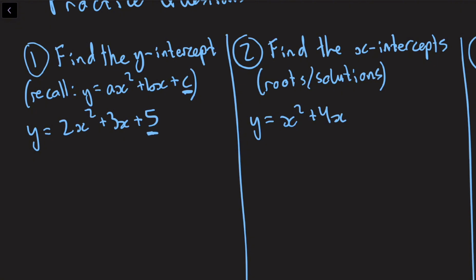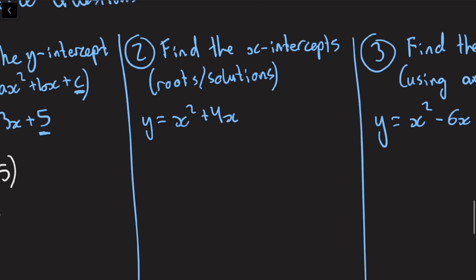So we can just immediately get the answer, which is 0, 5 is the y-intercept, or you can say y equals 5. You could also plug in 0 as x, because at the y-intercept you can see that x equals 0, but this is just a more efficient method.